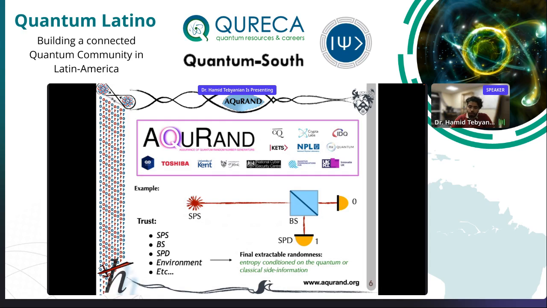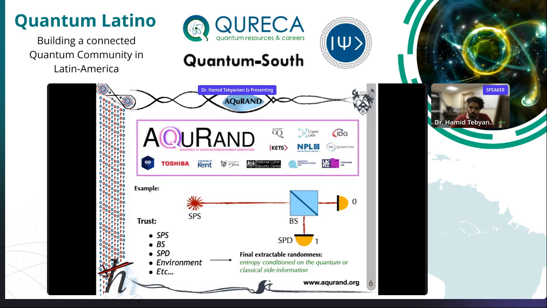In this slide, I would like to talk about a project called AQRAND, which is a project defined in the UK. AQRAND stands for Assurance of Quantum Random Number Generators, and it tries to analyze and study different quantum random number generators and define different sources of side information, whether classical or quantum, and exclude all these classical ones and keep just the quantum source, which is quite private and genuine, and trustable.